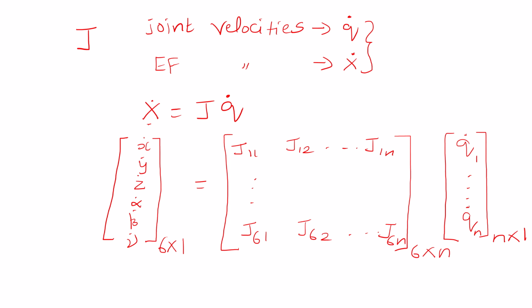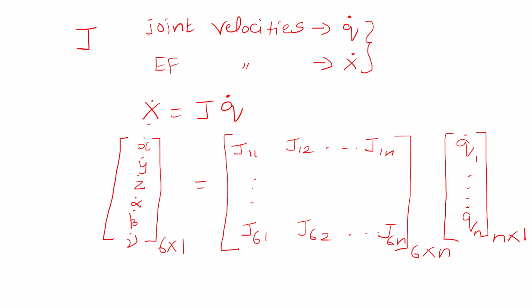So x dot is equal to J times q dot, where x dot represents the velocity components, both angular and linear, and q dot refers to the joint velocities. Clear? Coming to the Jacobian matrix, the columns of the Jacobian matrix are associated with the robot joints. Each column represents the effect on the end effector velocities due to the variation in each joint velocity.